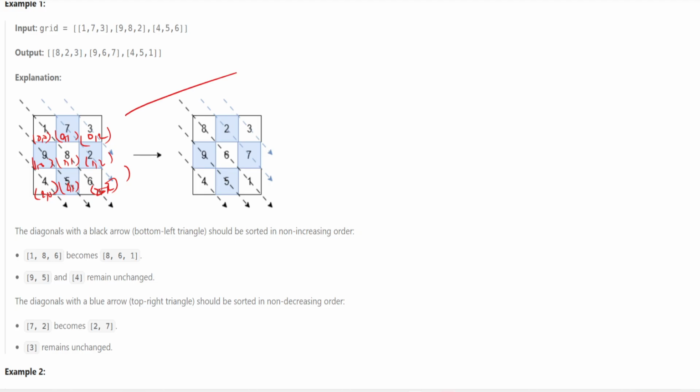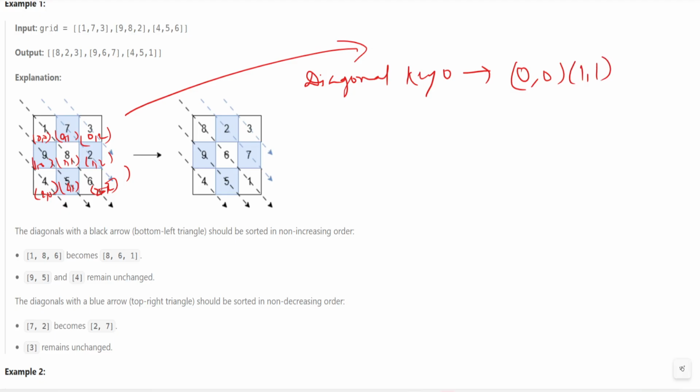Now try to understand the concept that I'm going to tell you. If we talk about the diagonal key 0, what do we have here? We have 0 0, then we have 1 1, then we have 2 2. Similarly, we'll talk about the other keys. Let's suppose the diagonal key is -1, right?